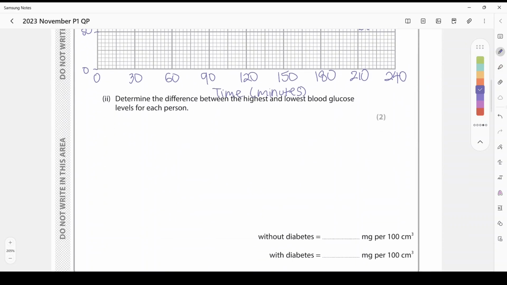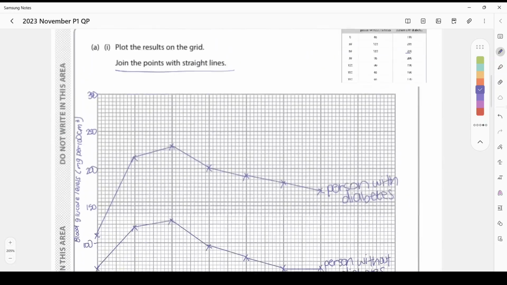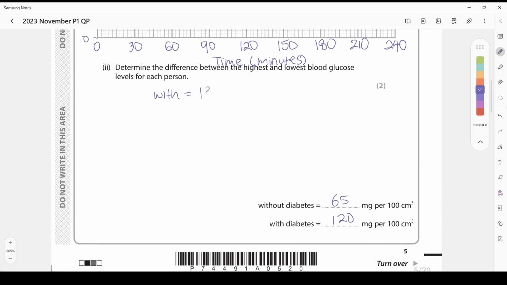Okay, so let's write that down. So it's 65 and 120. We can just say without diabetes, it was 130 minus 65. And then with diabetes, it was 230 minus 110.